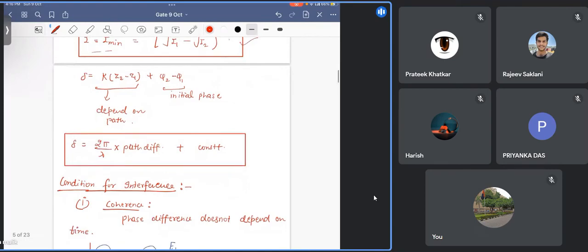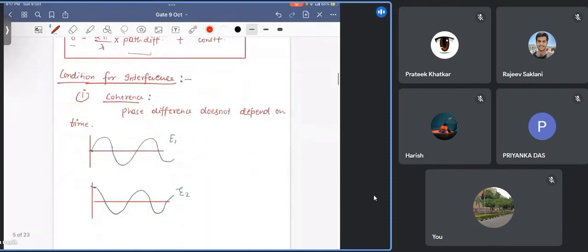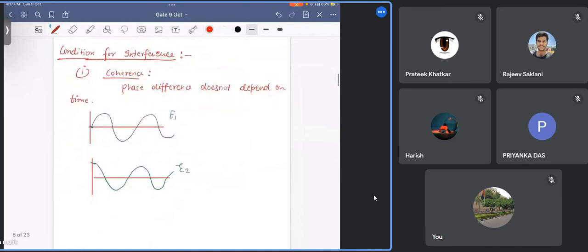The phase difference delta is 2 pi by lambda times the path difference plus some constant term, which is always going to be constant. The necessary condition for interference is coherence. What we mean by coherence is that the phase difference does not depend on time t.